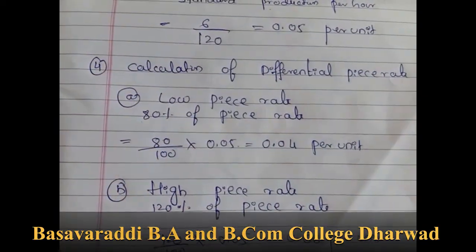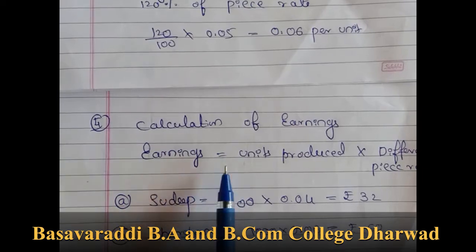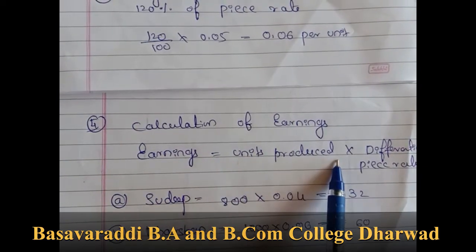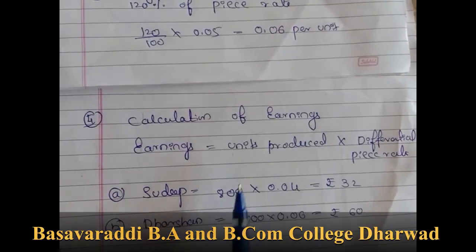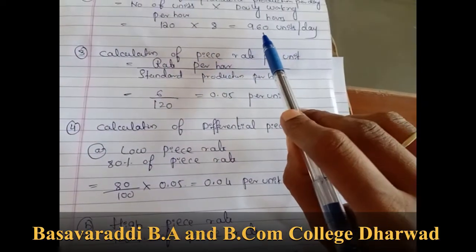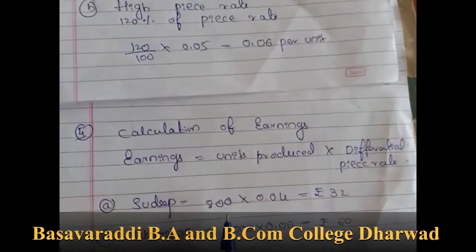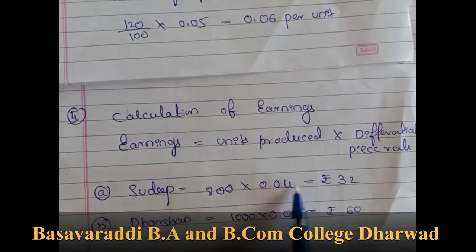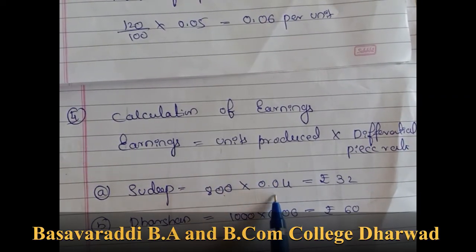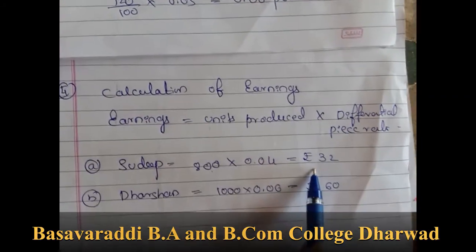Next one, earnings. Earnings is equal to units produced into differential piece rate. Sudeep, units produced 800. Depending upon working note number 2, the standard is 960. 800 is less than that, so take the low piece rate. 800 into 0.04, 32 rupees.